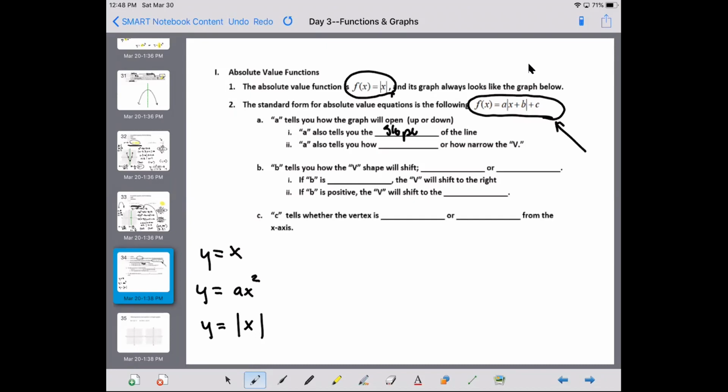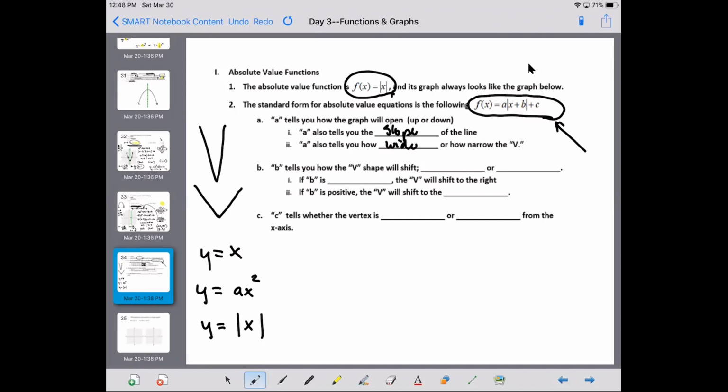And each side of the V is going to have a slope. One's going to be positive, one's going to be negative, but it's going to have the same slope. And A also tells you how wide or how narrow that V shape is going to be. And so it can be pretty skinny or it'll be fairly wide.